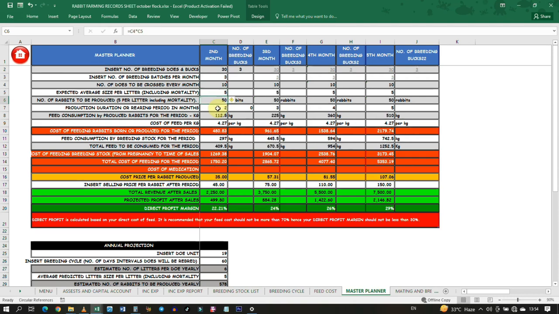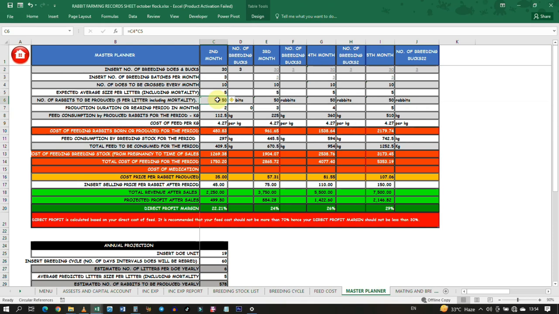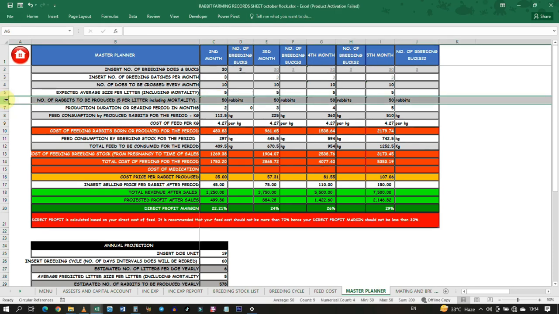All right. So with this, it means that with 30 doe units, you should expect to raise an average of 50 rabbits. It could be more. 50 rabbits every month. Because of the cycle, they will keep running the cycle. So you will never lack animals. There should always be like 50 rabbits available that have been born every month.